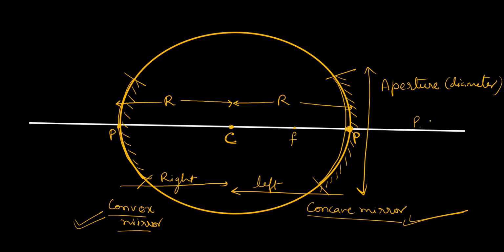But before that, what is the principal axis? Principal axis is an imaginary line that passes through center of curvature and pole of the mirror.